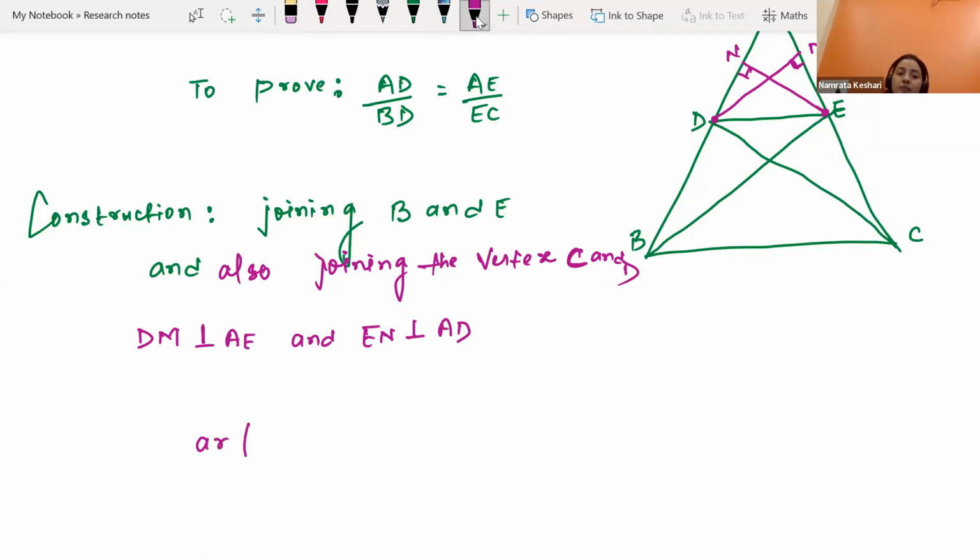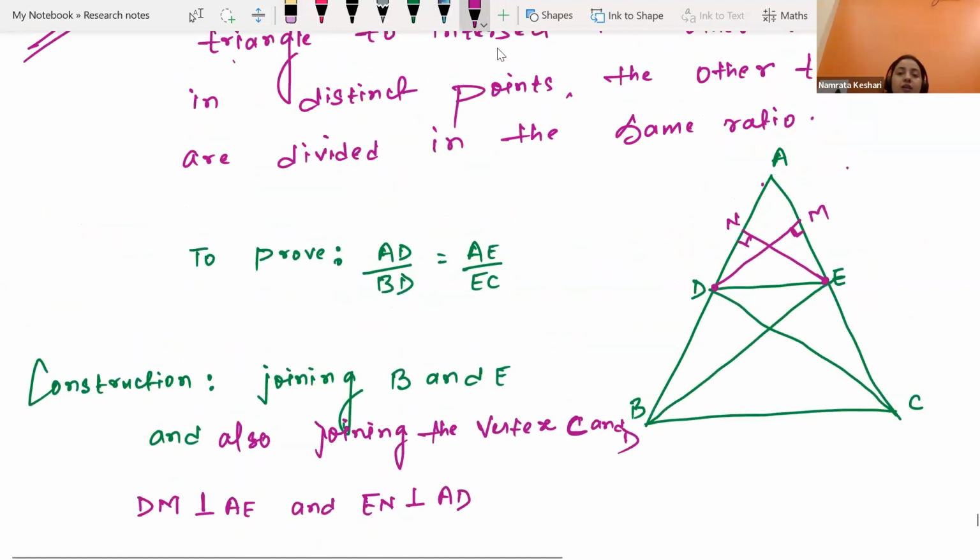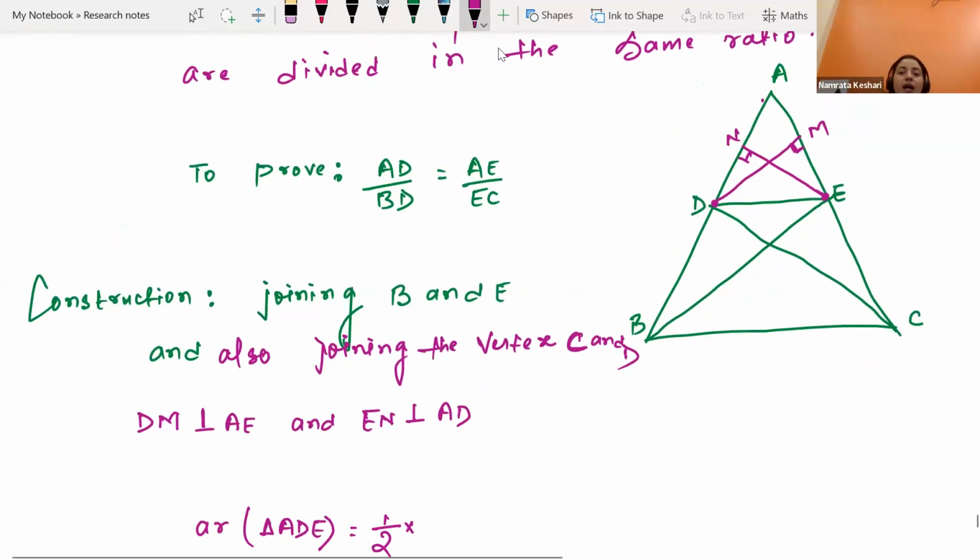Area of triangle ADE is 1 by 2, directly, I'm not writing base into height, the base is AD and the height is EN. Everyone getting it? Yes or no? Yes. Okay.